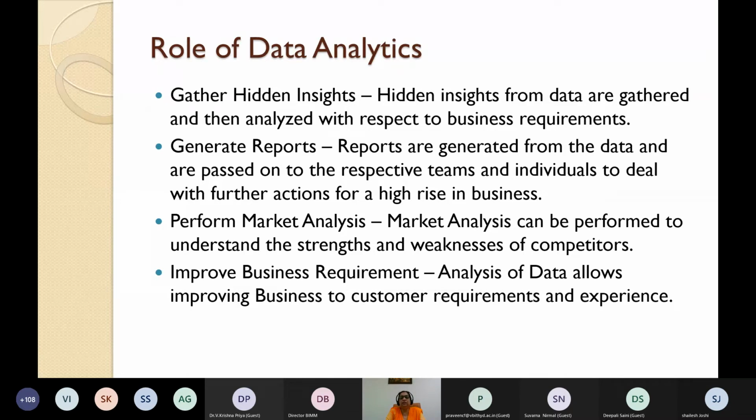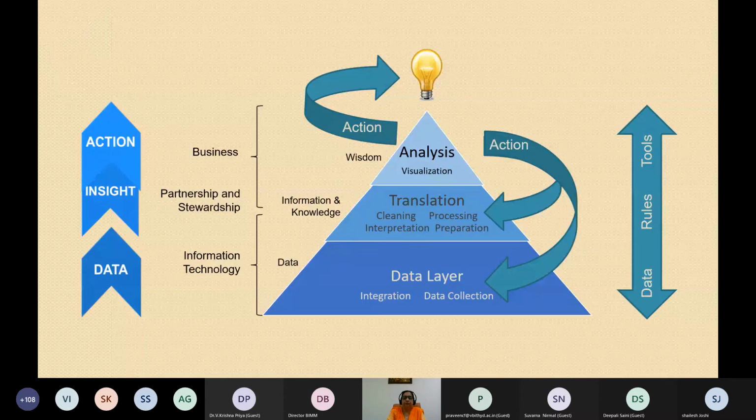Improving the business requirements, that is analysis of the data, which allows you to find the customer requirements and experiences, gather the data about the customer, do the behavioral analysis, and read about their purchase patterns. All this will help you in forming some solutions.